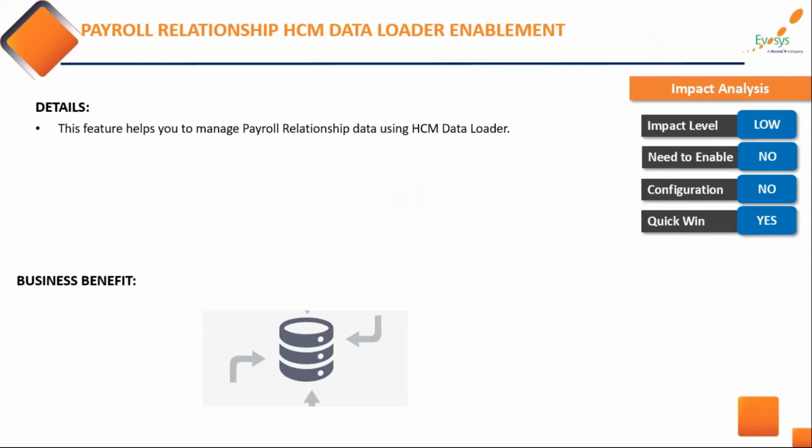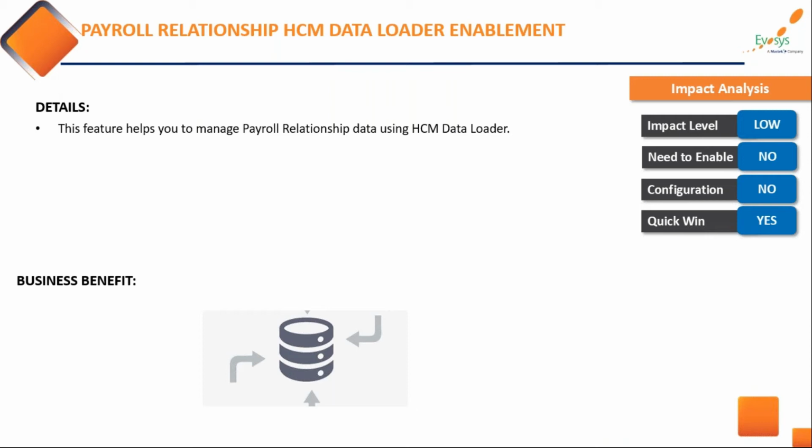Moving on to the next feature, which is around data loader capabilities. What Oracle is doing is, in every release they are coming up with a lot of data loader capabilities. They want to enhance it, and in this release they came up with this particular feature where, if you want to manage certain information against payroll relationships, that can also be uploaded through HCM Data Loader.